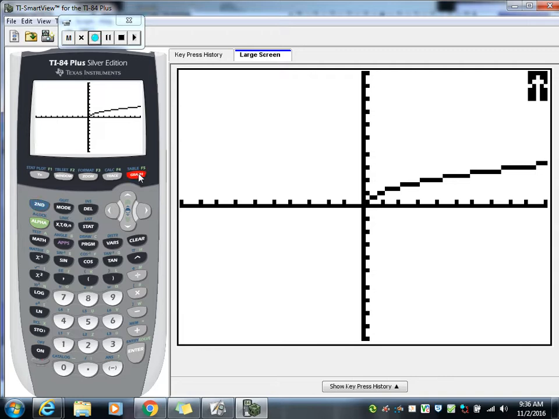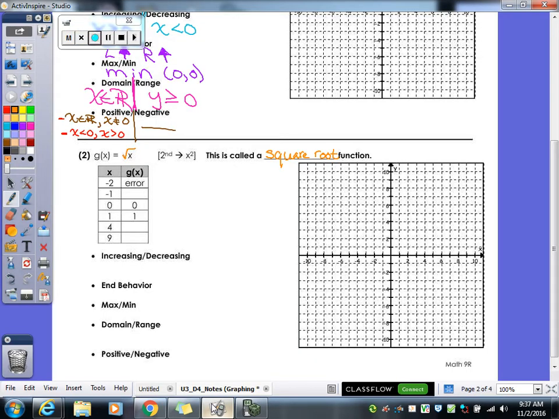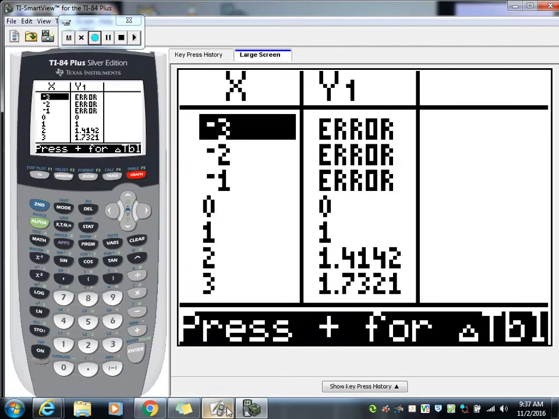If we look at our table, we have a few in here that are errors. Do you know why our negatives would be errors? You can't take the square root of a negative number. So that's why it says error in your table. You want starting with 0. -1 was another error, so we'll put error in our table there. 0, 0, 1, 1.